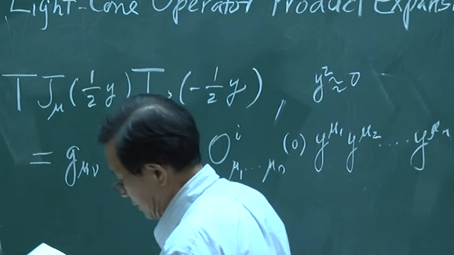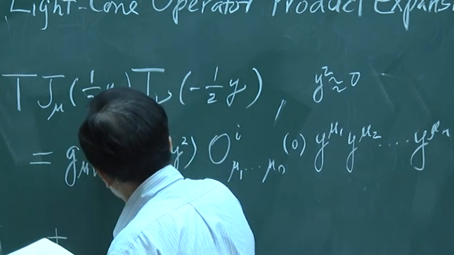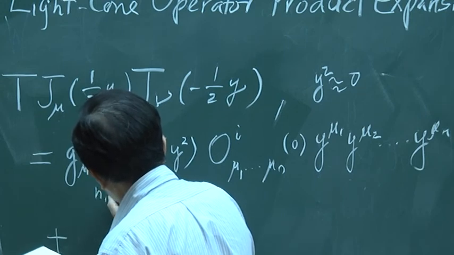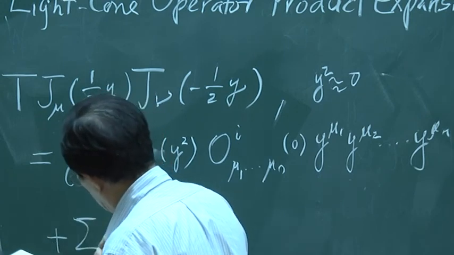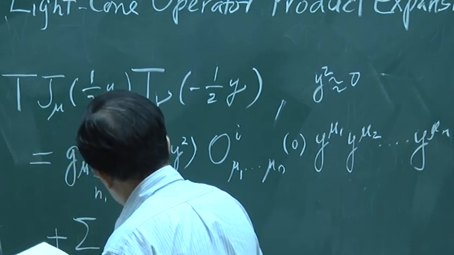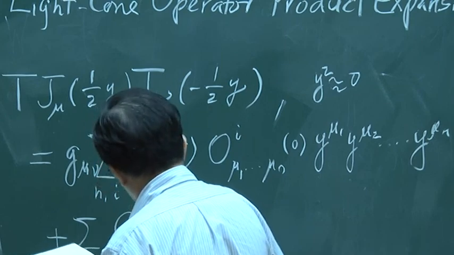Then there's another one, a sum over n and i, and then C n plus 2, and here is 2.